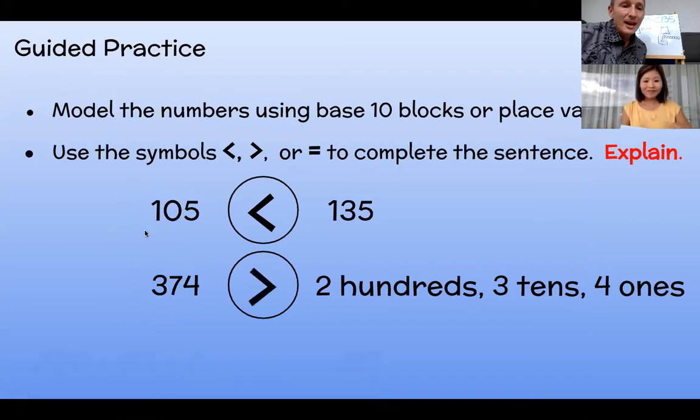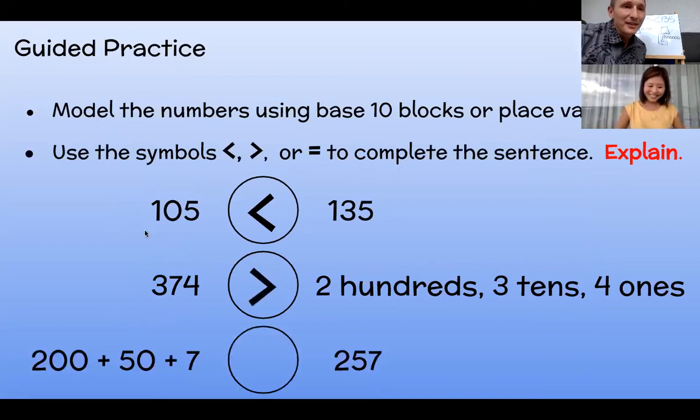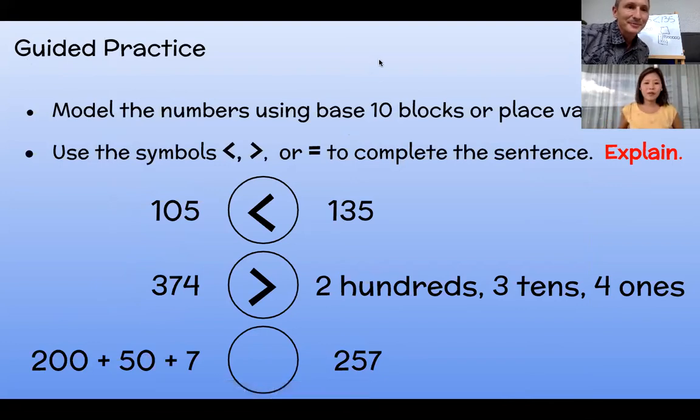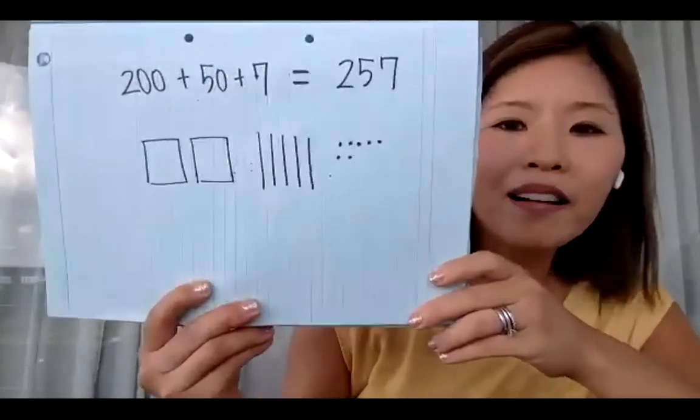Okay. And we have one final example for you that Miss Yuka is going to share with you. We have expanded form. We have 257 is either greater than, less than, or equal to 257. So remember, pause the video, come back, and Miss Yuka is going to model it for you. All right? Good luck. All right, here we go. This is my model.